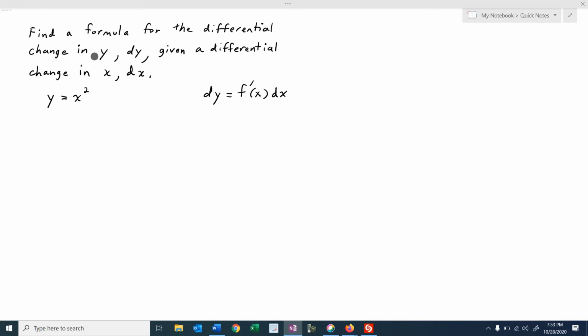Okay, so in this example, what we're going to try to do is find a formula for the differential change in y, again labeled dy, given a differential change in x, labeled dx. And the function we're working with is y is equal to x squared. Okay, well, we already know that dy is equal to f prime of x times dx. So we just need to find the derivative of this function.